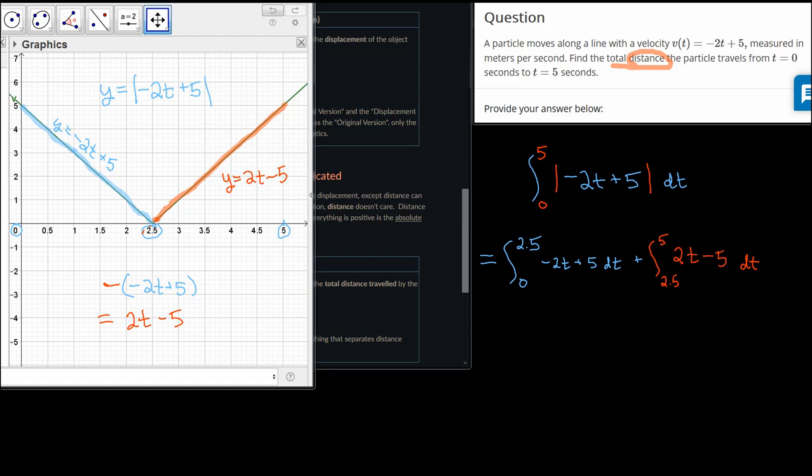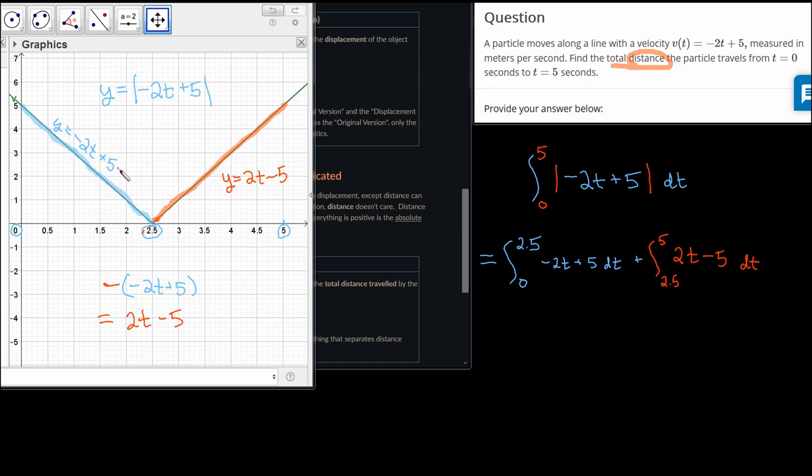So now what we've got here is a way that you can deal with an integral that has an absolute value in it. You split it: you figure out where the function is positive, and that part just gets left alone. You just literally get rid of the absolute values.